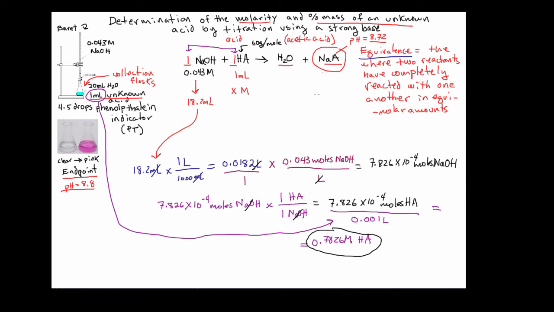Now the second one is to find the percent mass of the unknown acid. We need some additional information here in order to do that. Remember that the original volume of the acid is 1 milliliter that's carefully measured out. Now, for the percent mass, what we're really asking is, in this 1 milliliter of acid, this is not pure acid.